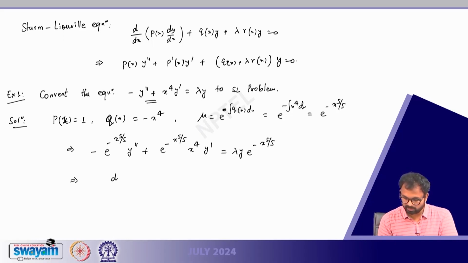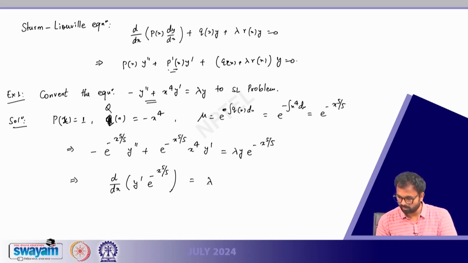So this can be written as d/dx of y dash, and I have e to the power minus of x to the power 5 by 5 equals to lambda e to the power minus of x to the power 5 by 5 into y.